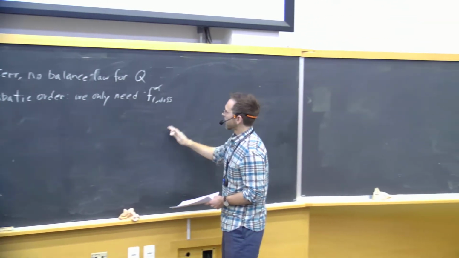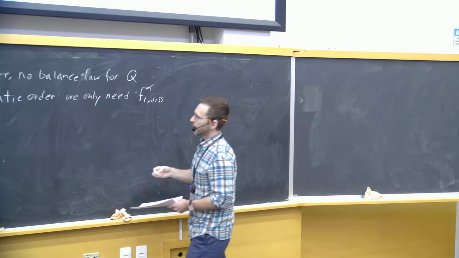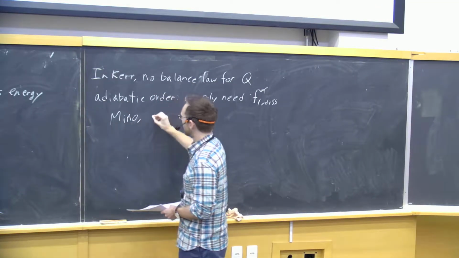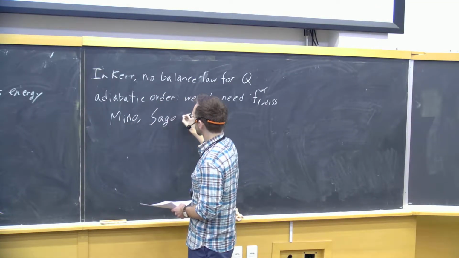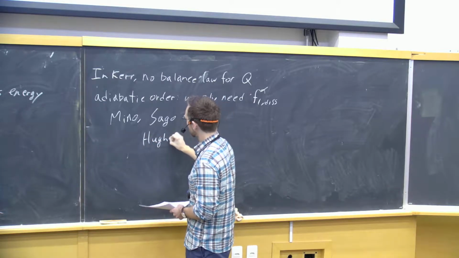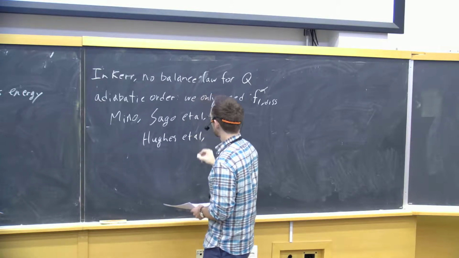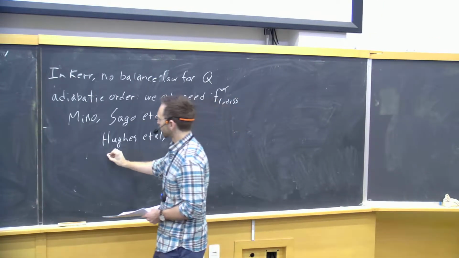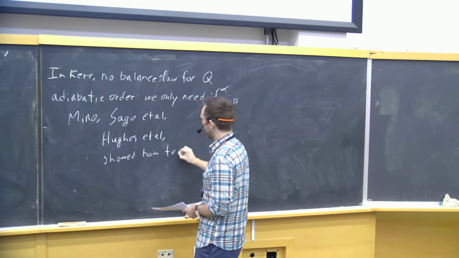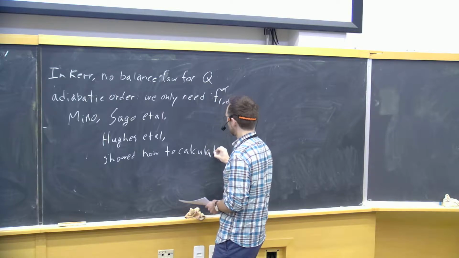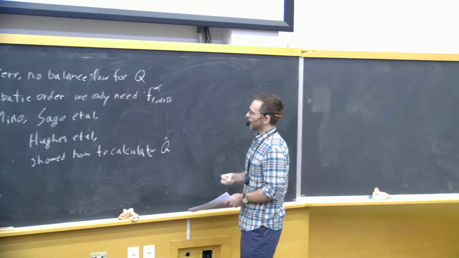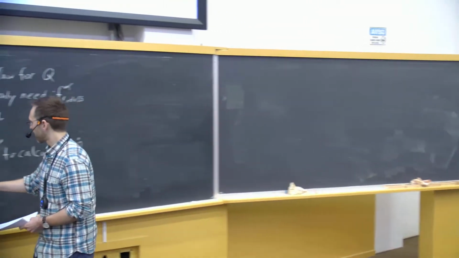So work beginning with Mino and later Sago et al. and Hughes et al. showed how to calculate Q dot in a convenient way.